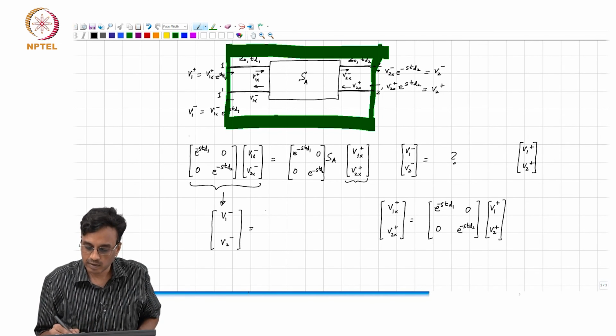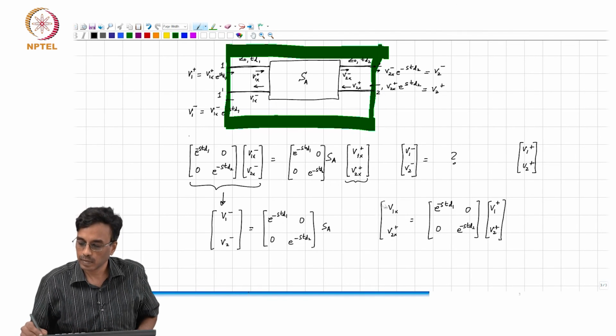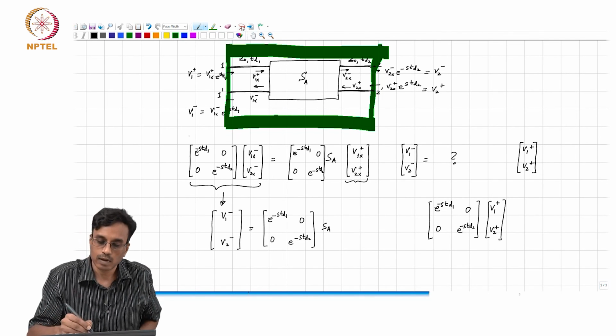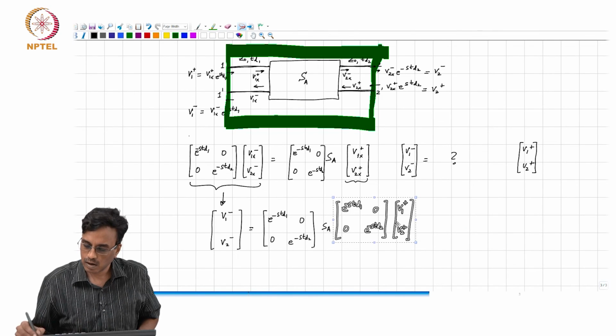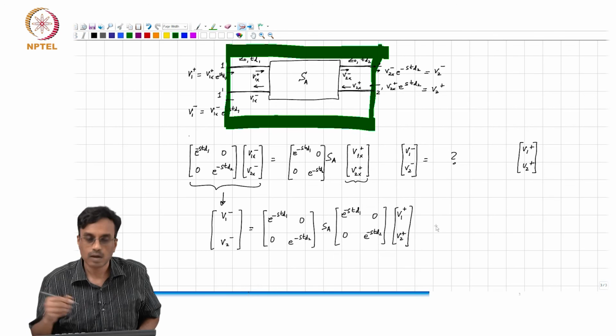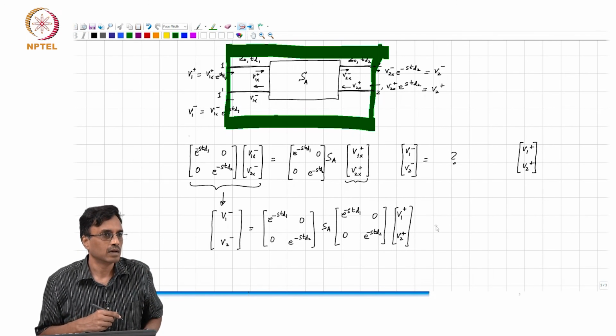So, V1 minus, V2 minus is simply e to the minus s Td1, 0, 0, e to the minus s Td2 times SA times, no, the inverse, right. Okay.